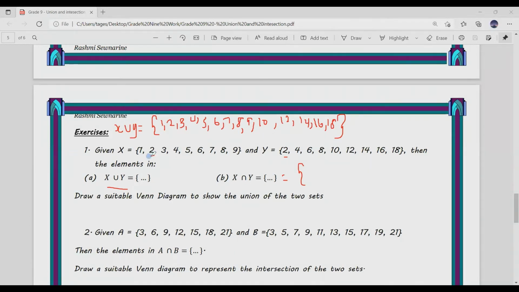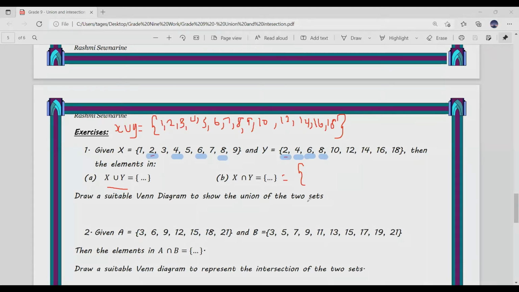We have 2 here, we have 2 here. We have 4, we have 4. We have 6, we have 6. We have 8, and we have 8. We don't have anything else. 2, 4, 6, 8. All right.